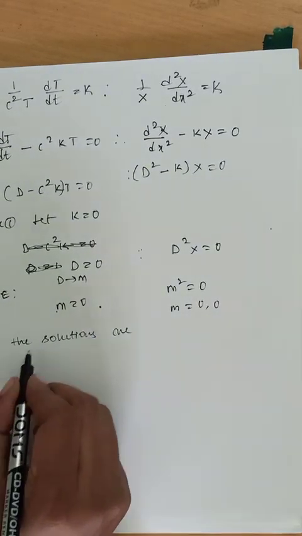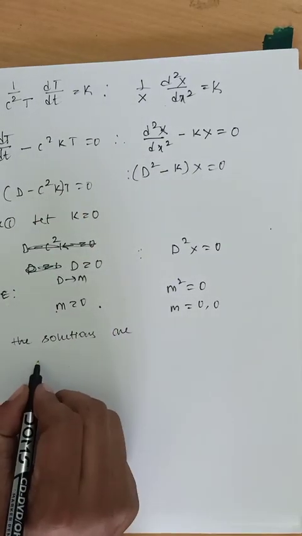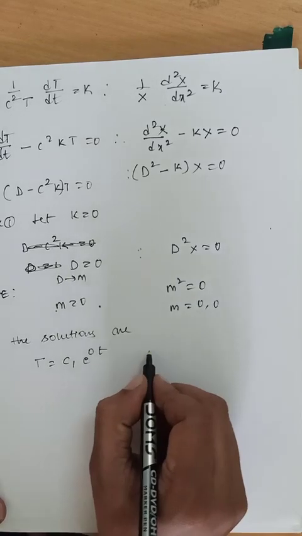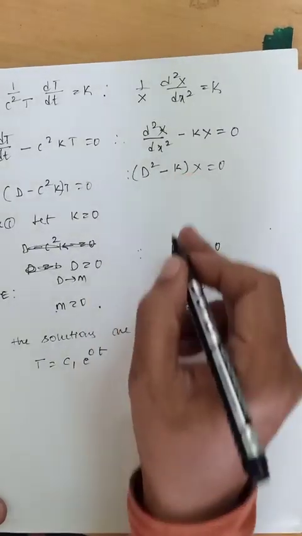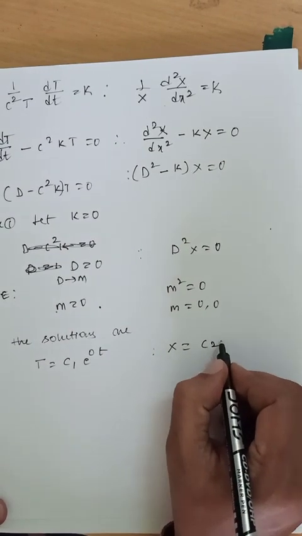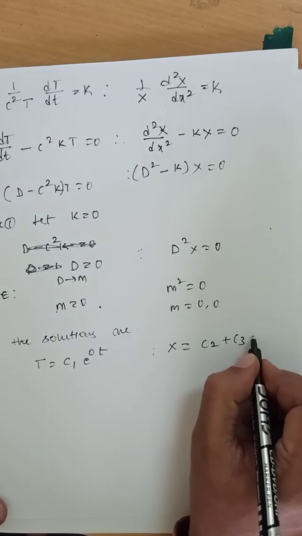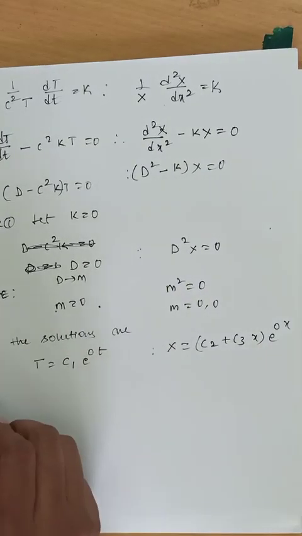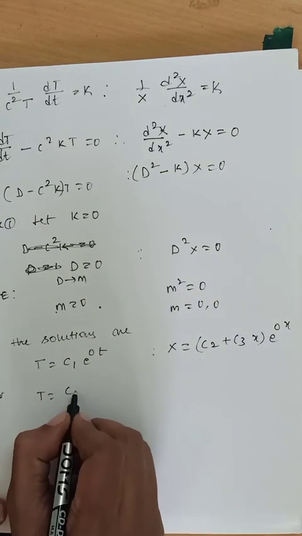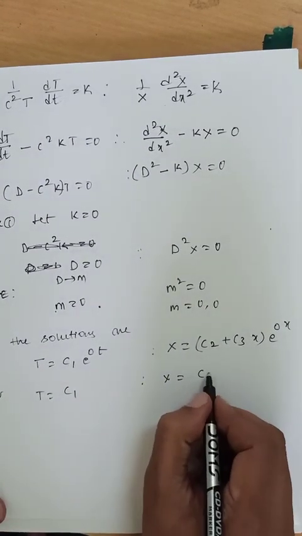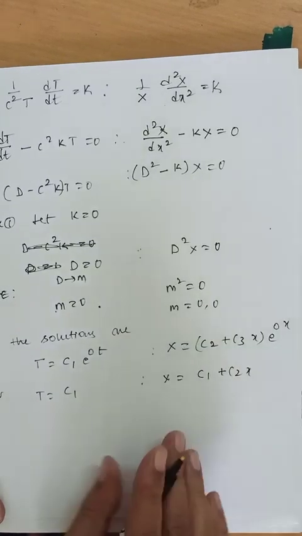With respect to t, here only a single root; with respect to x, the roots are real and equal. So the solutions are T = c1 e^(0t), X = (c2 + c3 x) e^(0x), or T = c1 because e^0 is 1, X = c2 + c3 x.